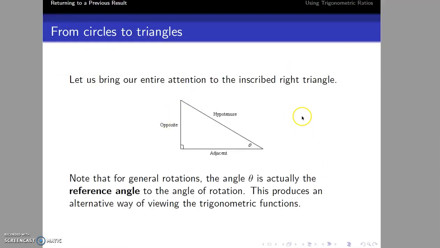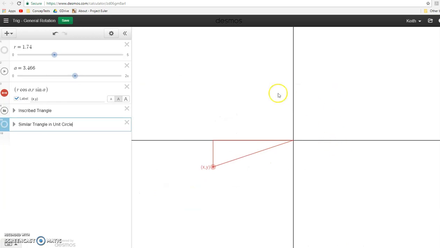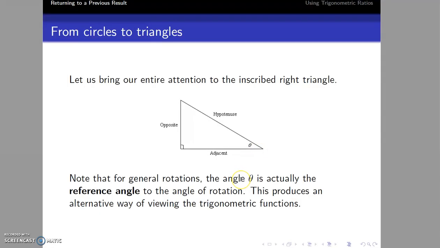Each place we end up at for any angle of rotation, we have the hypotenuse, which is r for the circle, but just in general, the hypotenuse, the longest side of a right triangle. We have some interior angle theta here, which is not necessarily the angle of rotation, but rather just the reference angle to it. And then also we have the side adjacent to that angle and the side opposite to that angle.